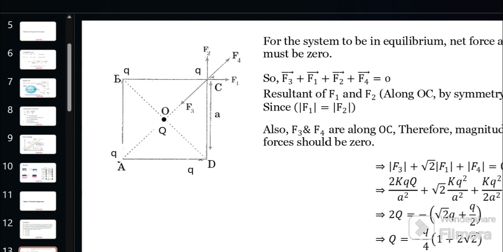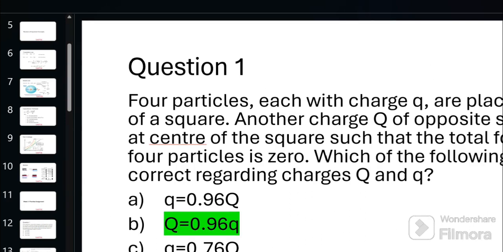Here K stands for 1 by 4 pi epsilon naught. Using that relation, we find the relation between q and Q. By solving this and using some basic trigonometry, we get the answer is B, q is 0.96 Q.